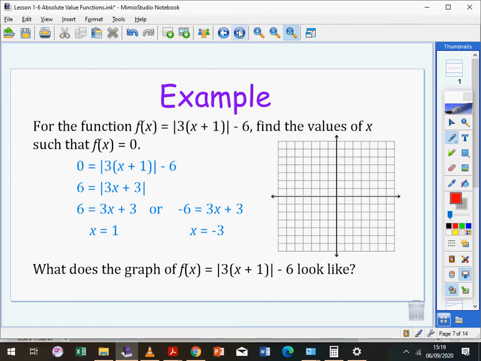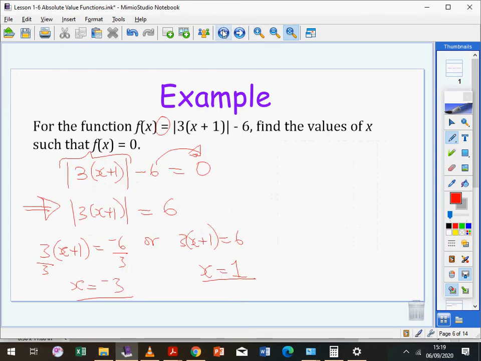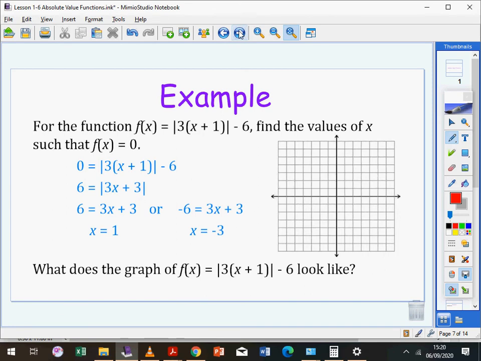Wait, did I get it right? Yeah, I did. So what would the graph of this function look like now? If you look at it, what would the graph look like? From this, you can see that it is moved 1 unit to the left along the x-axis. This can be thought of as a vertical stretch or as a horizontal compression by a factor of 3.